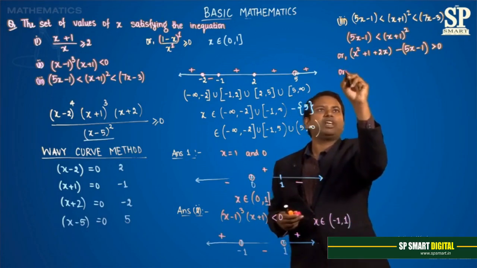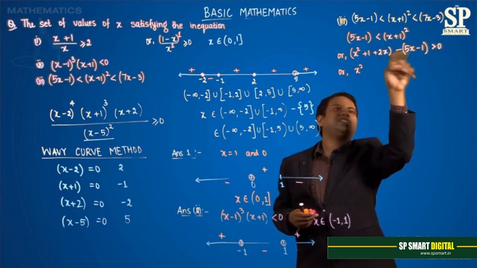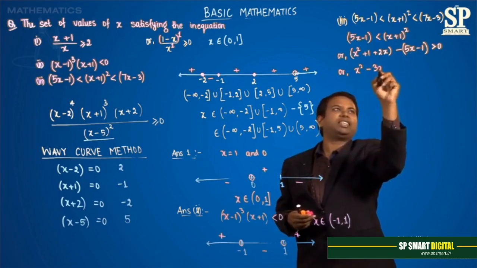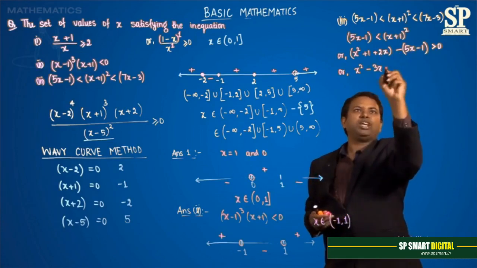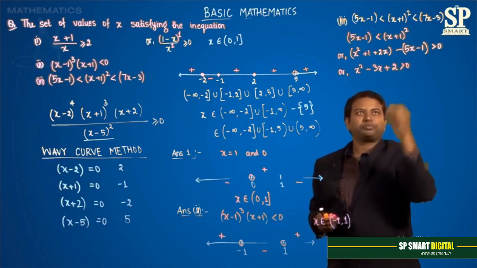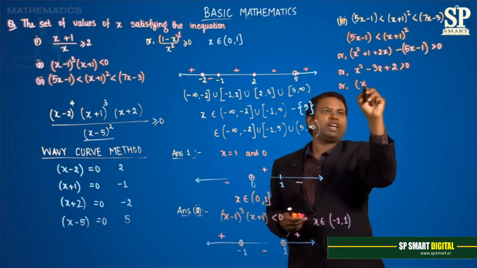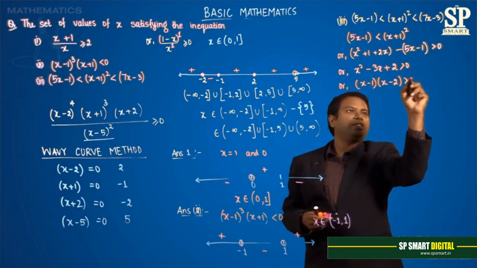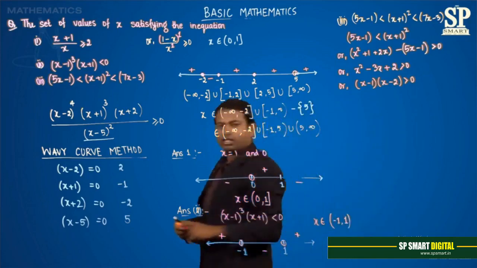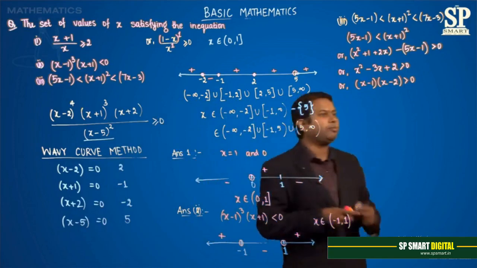Now from here we can find x square plus 2x minus 5x gives us minus 3x, and then we have minus minus plus, so plus 1 and plus 1 makes it plus 2 greater than 0. Now definitely this is a quadratic which can be written as (x minus 1) into (x minus 2) greater than 0. So if we want to find the solution set for this inequality, let us have a number line.